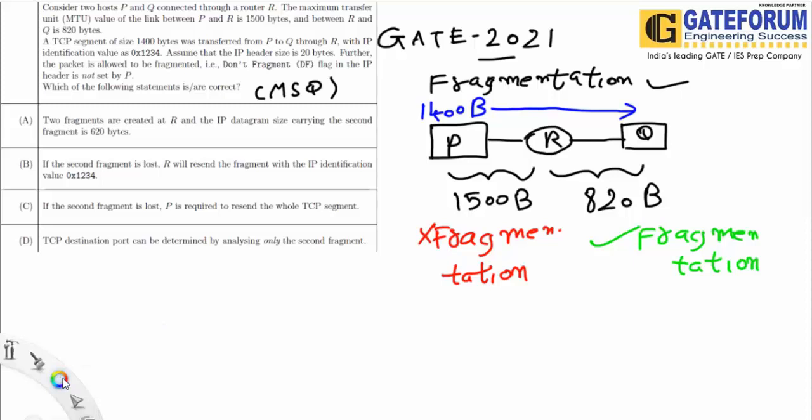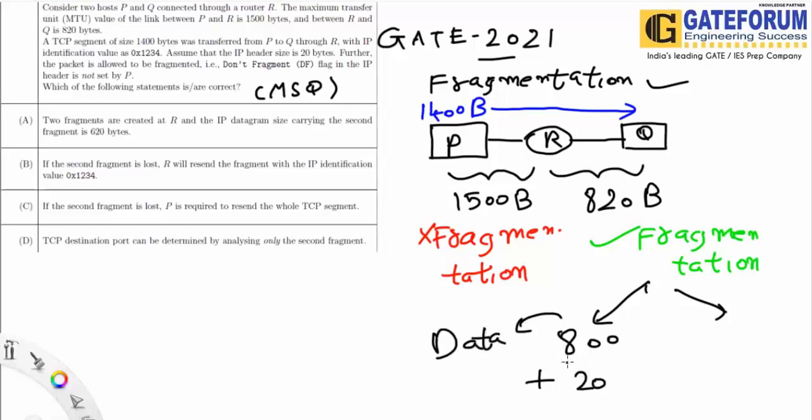Now this 1400 bytes is divided into two fragments. How? Out of 1400, the first 800 bytes are used for the data, and we have the IP header size of 20 bytes. So in the first fragment, we have 800 bytes of data plus 20 bytes of IP header.